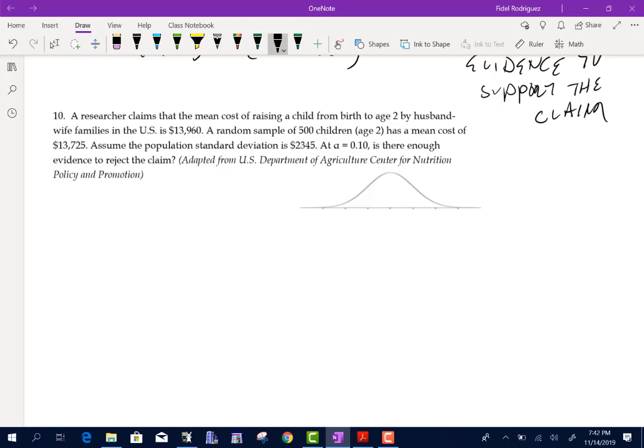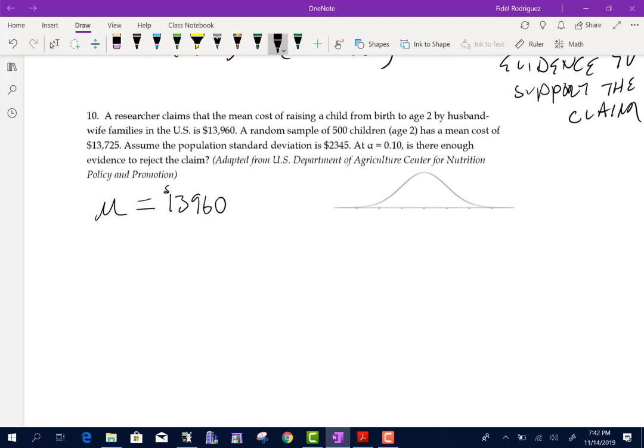The mean, which is mu, is 13,960, right? What's the opposite of saying it's equal to that? Not equal to that. So our mu complement is not equal to 13,960. The first one was our claim. That's what they told us.